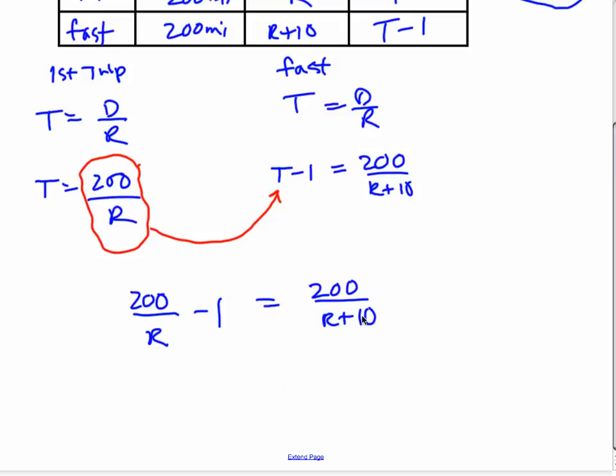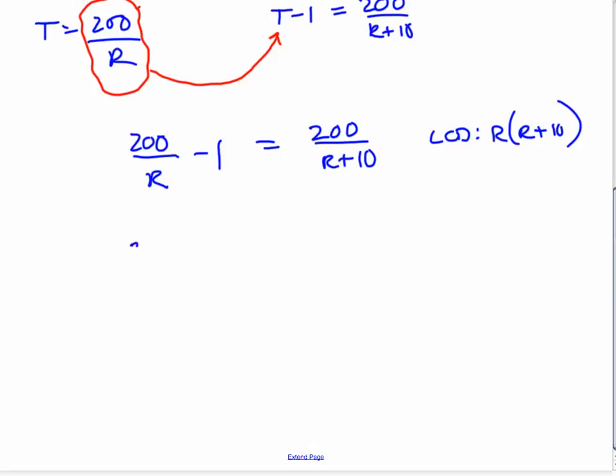I've got r in the denominator, and so I need to use the I hate fractions rule, figure out what my lowest common denominator is. The lowest common denominator would be r times r plus 10. So I need to multiply each term by r times r plus 10.